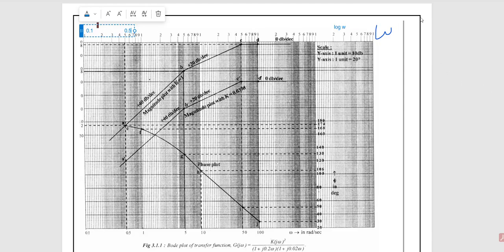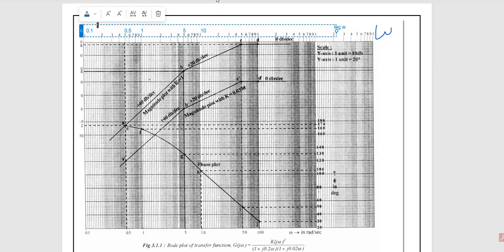Then this value should be 1. Then this is 2, 3, 4, 5, 6, this is 5, then this will be 10.